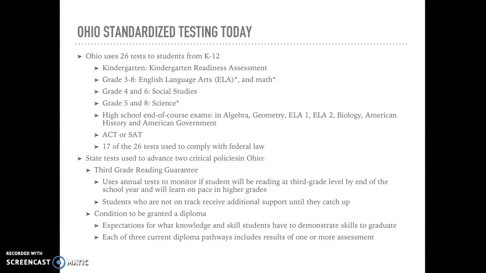It also provides students who are not on track with additional support until they catch up. There's also the condition to be granted a diploma, and the regulations for that are expectations for what knowledge and skill students have to demonstrate to graduate. And each of the 3 current diploma pathways includes results of 1 or more assessments, like the ACT, the SAT, or the end of course exams.